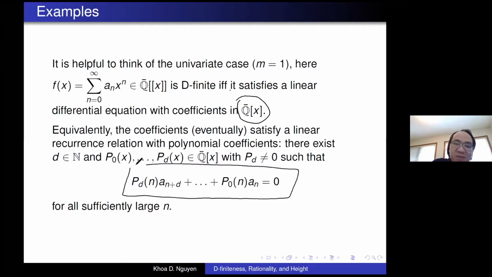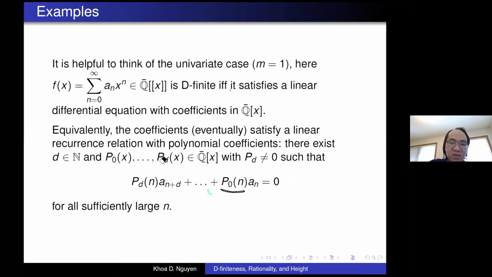For different n, you have different relations because these coefficients change. Yes, so that's one way to think about it. And now I'm going to give you explicit examples together with the growth of the height of the coefficients.